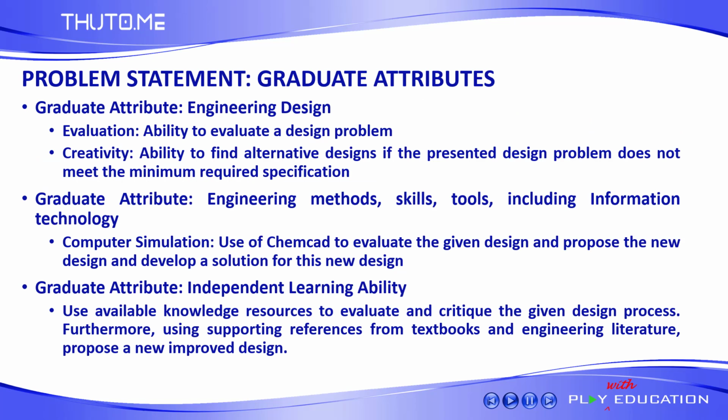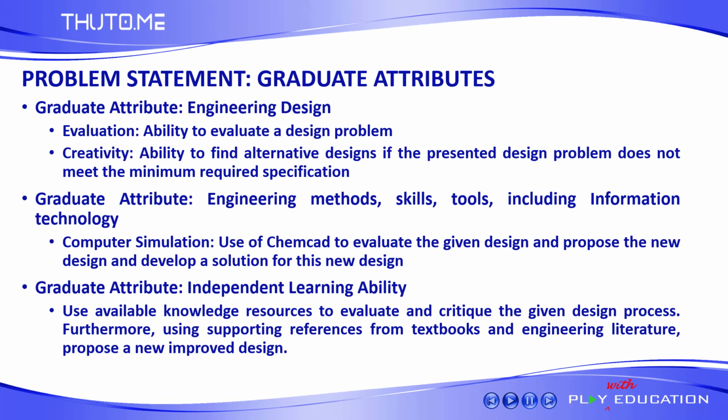By answering the questions in this project, you will be demonstrating competence in the following graduate attributes. The graduate attribute of engineering design, by first showing the ability to evaluate a design problem, and by showing creativity finding alternative designs, if the presented design problem does not meet the minimum required specifications or does not make engineering design sense.